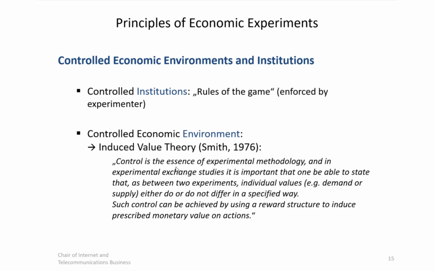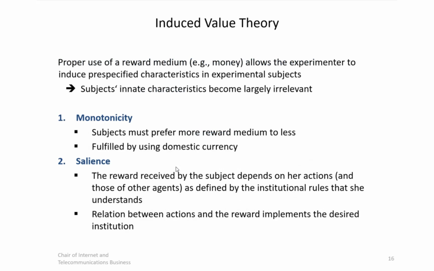And such control can be achieved by using a reward structure to induce prescribed monetary value on actions. To go into more detail on induced value theory, let's discuss a bit more.